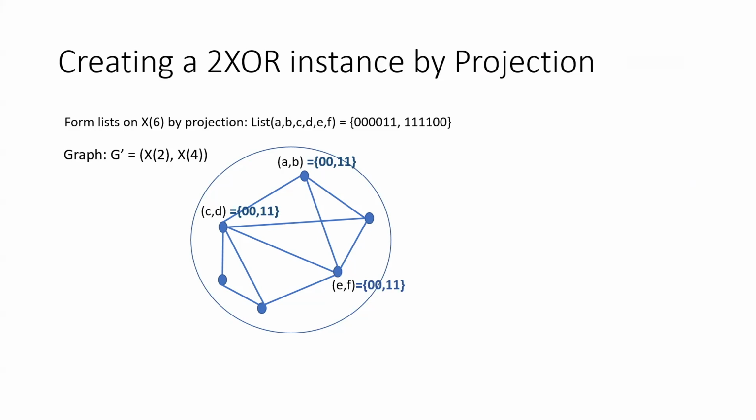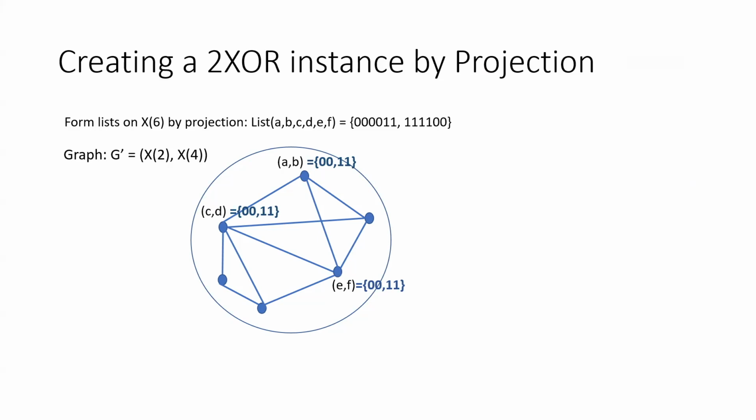Okay, so first you can create lists on the 6 faces. Let's say you just project the lists on the D faces to the 6 faces. You can do this in a consistent manner because all the lists agree with each other on the intersection. So it's possible to get a unique list on the 6 face by projection.